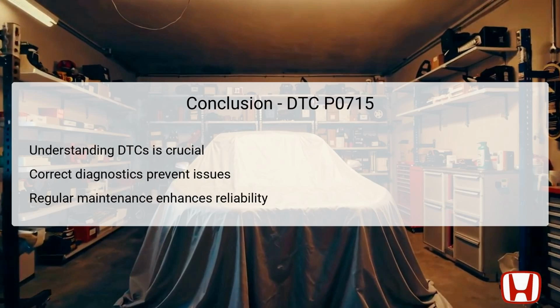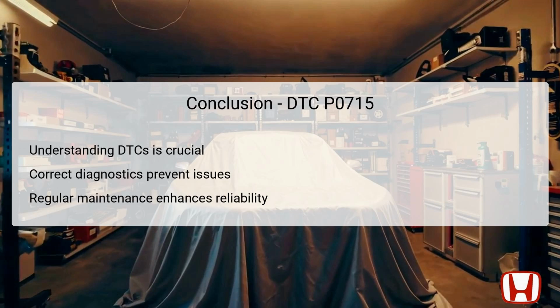In conclusion, comprehensively understanding DTC P0715 and its implications is crucial for effective vehicle diagnostics and repairs. This particular trouble code points to potential issues within the input shaft speed sensor circuit, which can lead to critical transmission performance problems if not addressed.